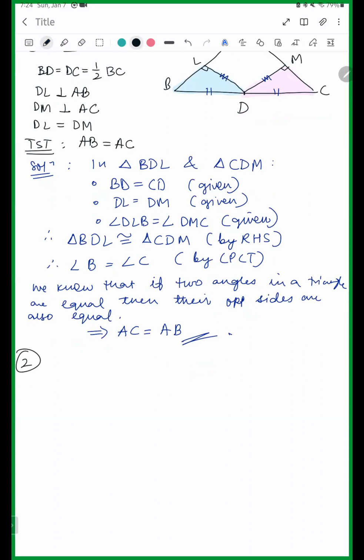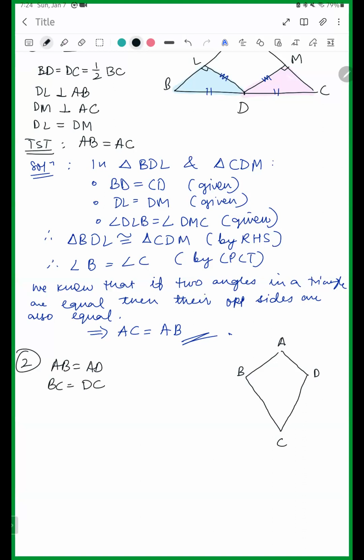In the given figure, ABCD is a quadrilateral in which AB is equal to AD and BC is equal to DC.